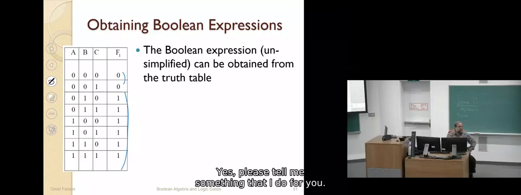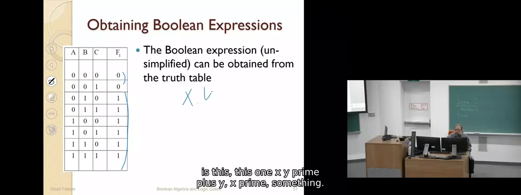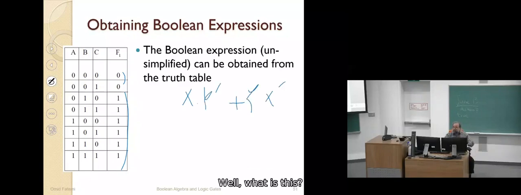Tell me something that I do for you. How could we find out what this is? For example, is this one x y prime plus y x prime, something? What is this? How could we find out what f1 is? What do you suggest?